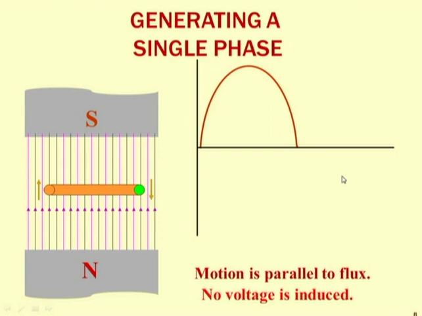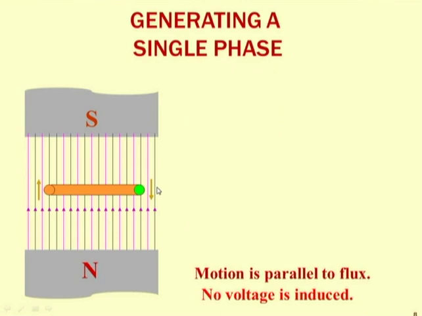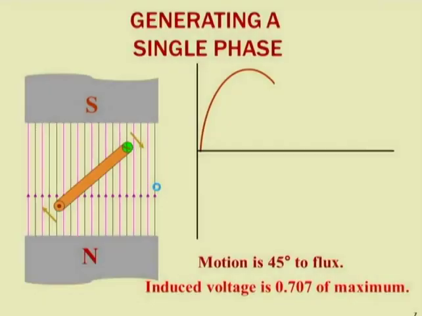So now assume that the conductor is moving to 45 degrees in this position. Will there be a dot or cross at this end? Because as you can see, in the earlier case, here the dot was there.